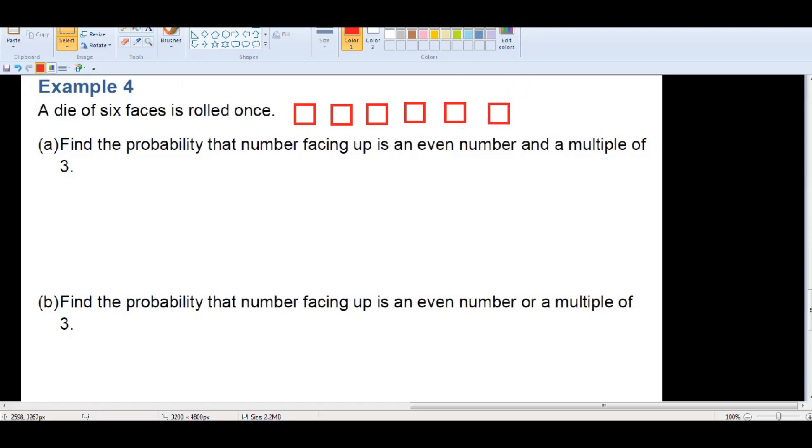So first one of course is 1, and second one is 2, and then you got 3, and you got 4, you got 5, and you got 6 as well.